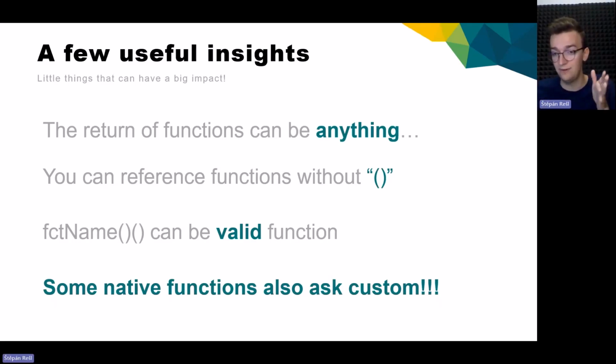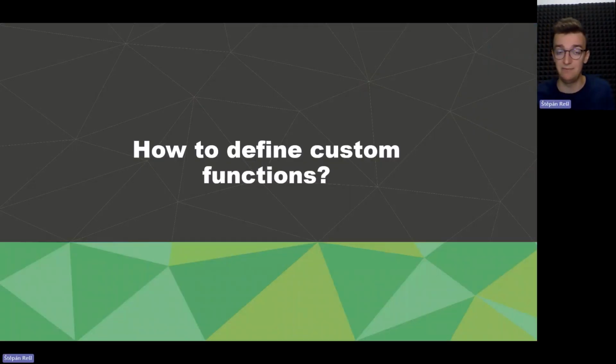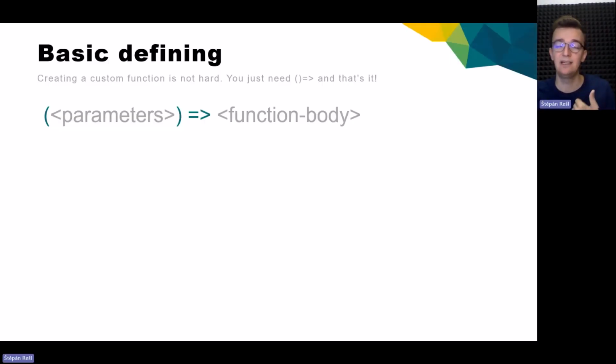That's also defining a custom function, but it's just a shortcut for normal custom function defining. But when I'm talking about defining custom functions, the basic definition is a pair of brackets with a rocket and the function body. That's completely basic on how to create a function.